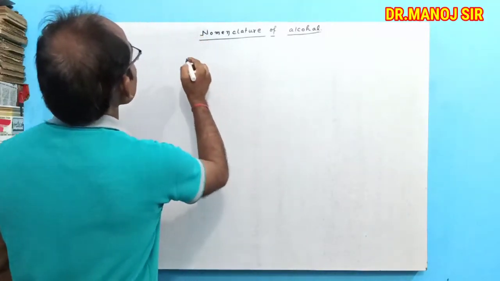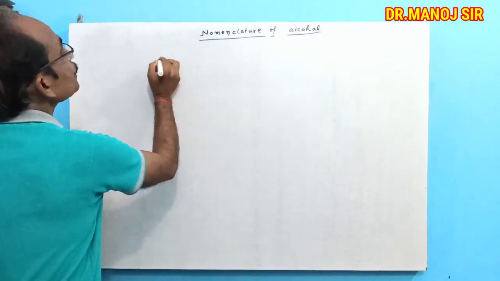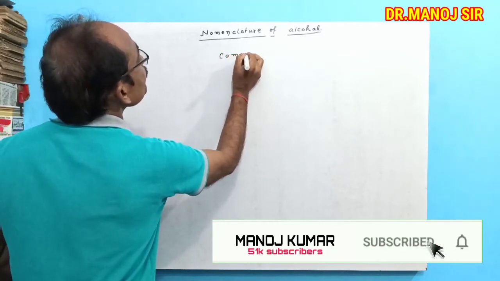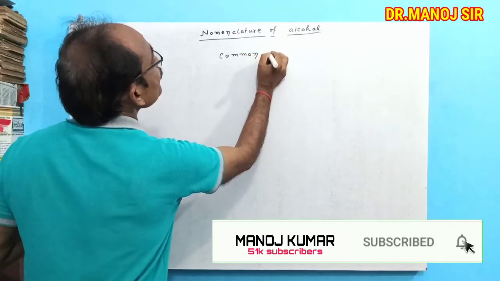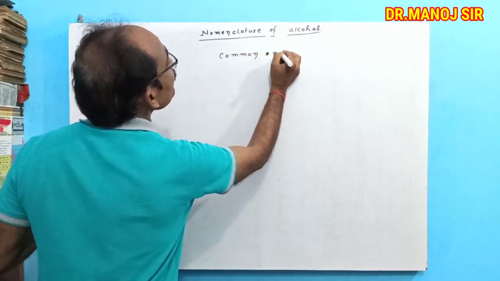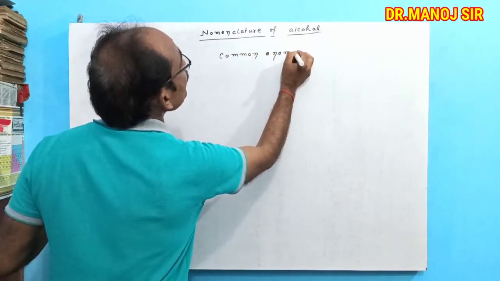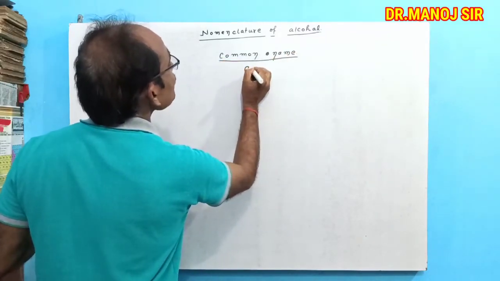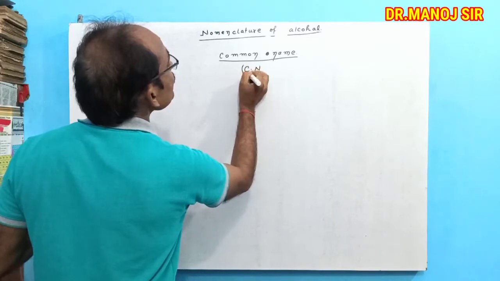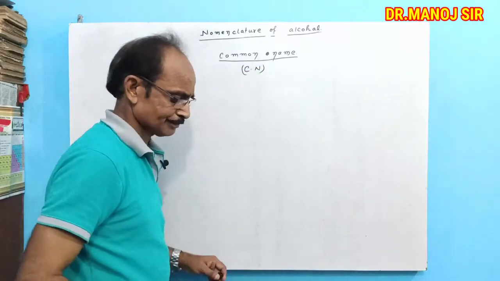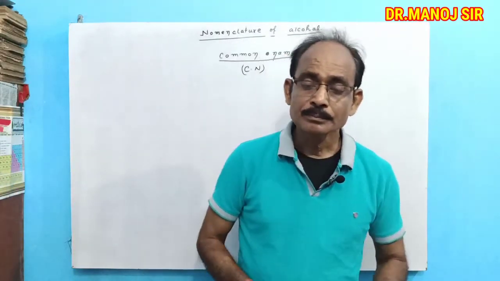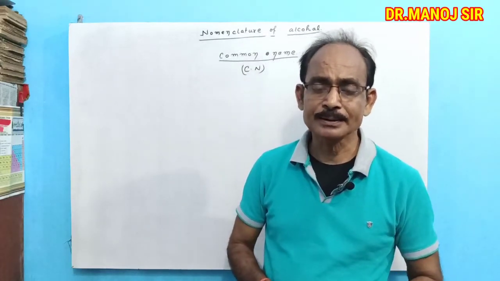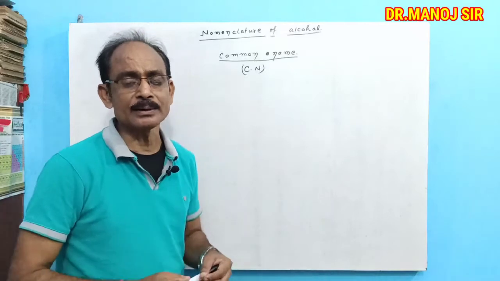Now I am going to the common name, that is known as CN. The common name of the alkyl group and adding the word alcohol.